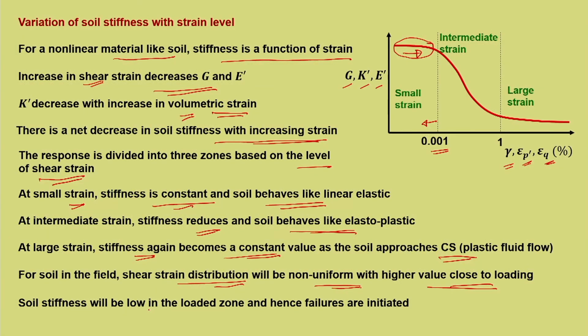Closer to the loaded points, the stiffness will be less as compared to other parts of the soil, and that is how the failure zones or failure points start generating from a given zone. So, soil stiffness will be low in the loaded zone, and hence the failures are initiated. So, that is all about prediction based on MCCM.